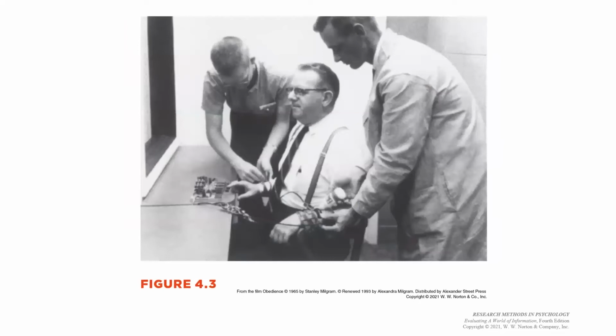The exposure of the syphilis study did not end the ethical controversies that were involved. So the Milgram study was one study that the book talks about that exposes some of the ethical issues involved.